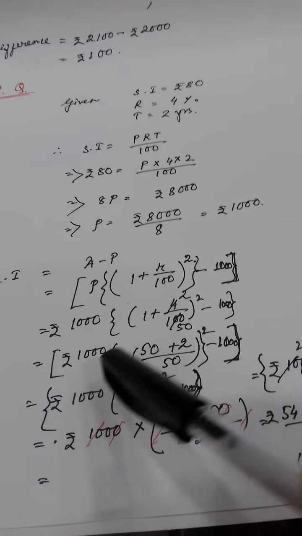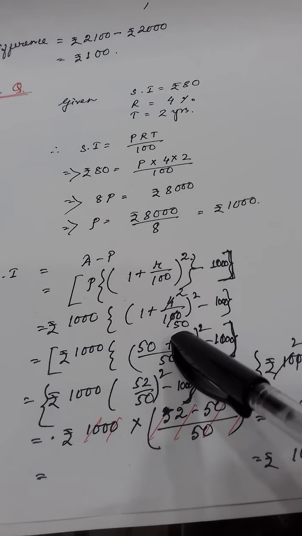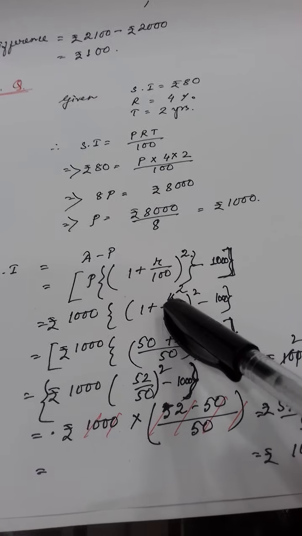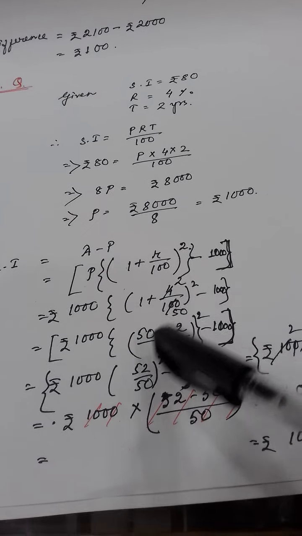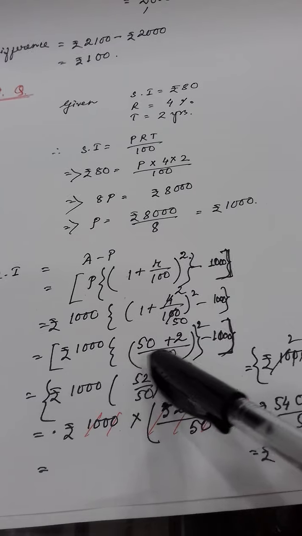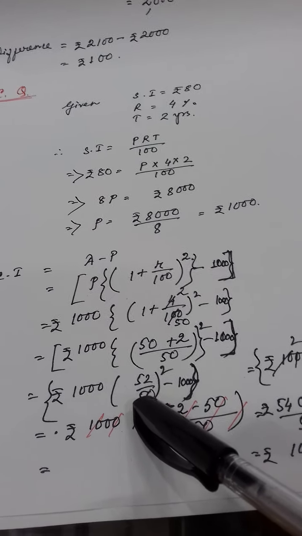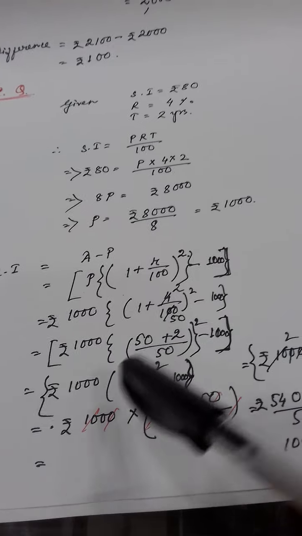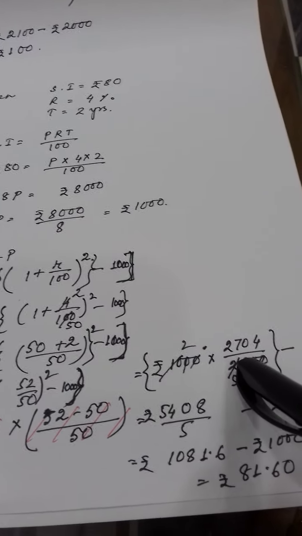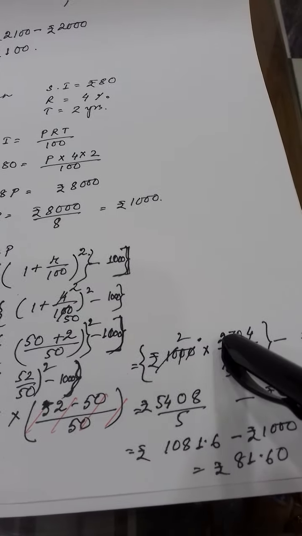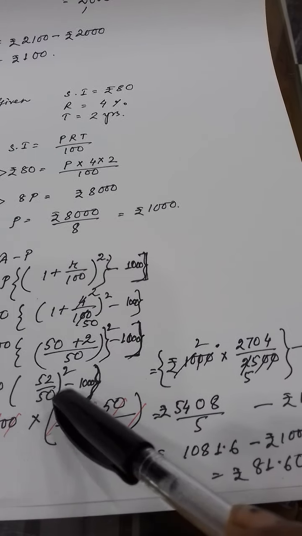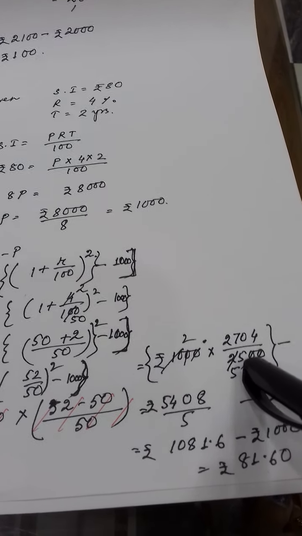Clear? So up to here, this 4 and 100 you can cancel. We can cancel in this way. Clear or not? After doing the calculation, it has come here LCM 52 by 50 square minus 1000. So now make the squares. 52 square is 2704 and 50 square is 2500.